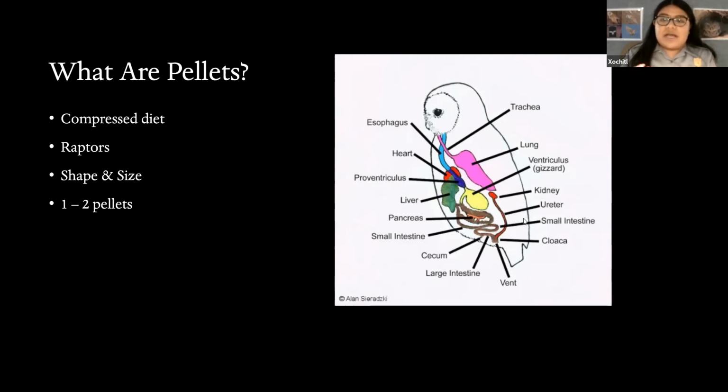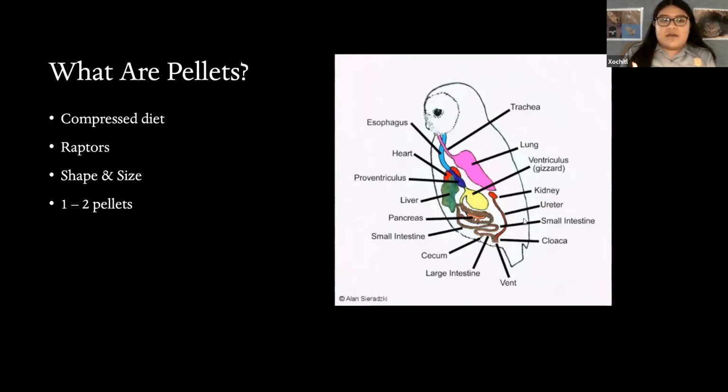And as it keeps digesting all the meat, per se, it'll start to get compressed into the shape of an owl's stomach. Depending on how often the owl eats or how much food is around the area, an owl can actually not continue eating until it regurgitates or spits out that pellet.